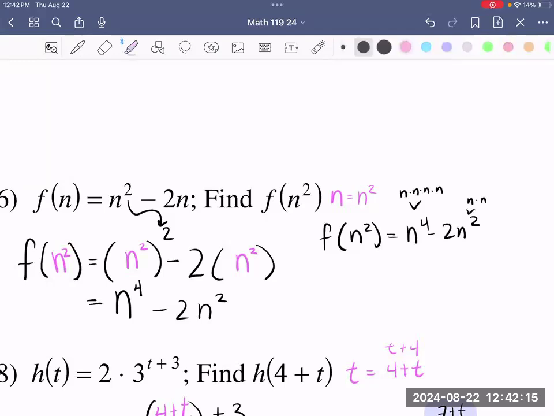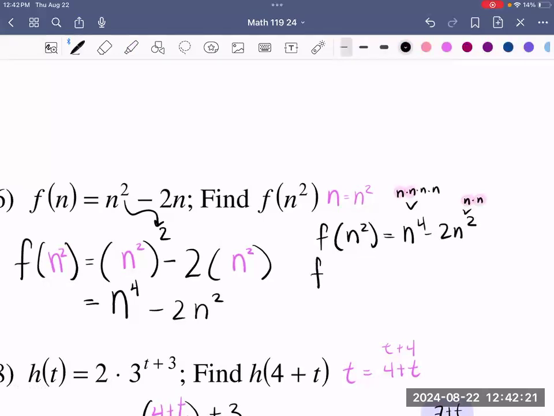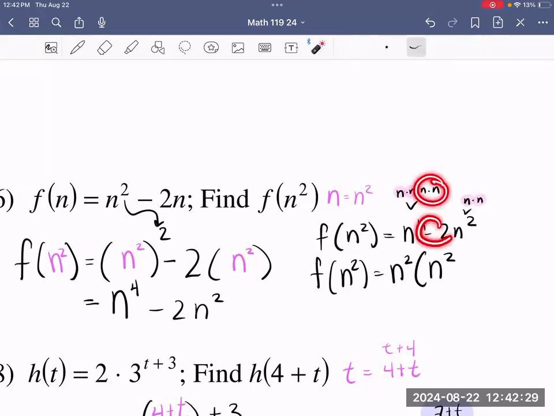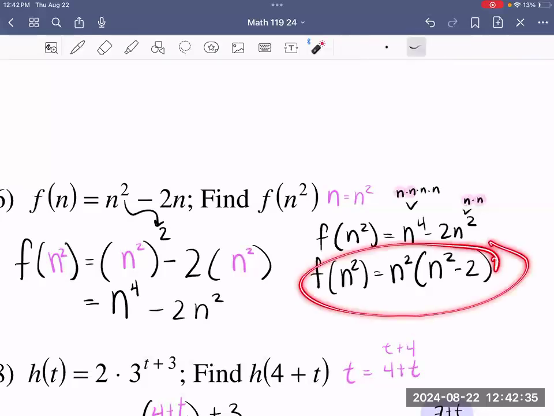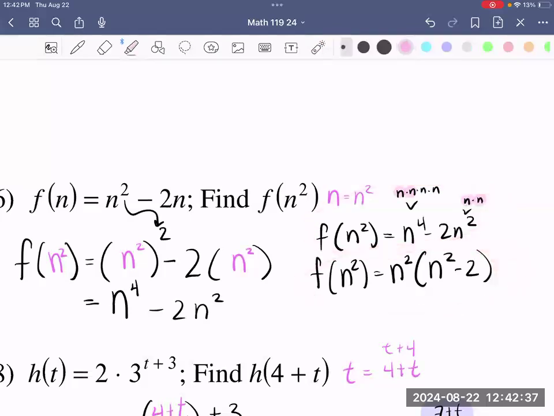So highlighting, at most they have in common is 2 n's. So you could also say you have n squared, leaving behind 2 of the unhighlighted n's, -2. So this is the better response. This is an okay response.